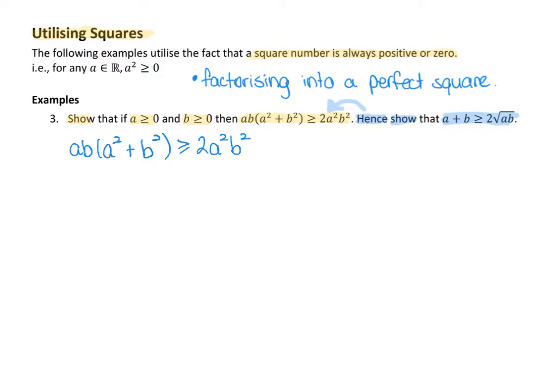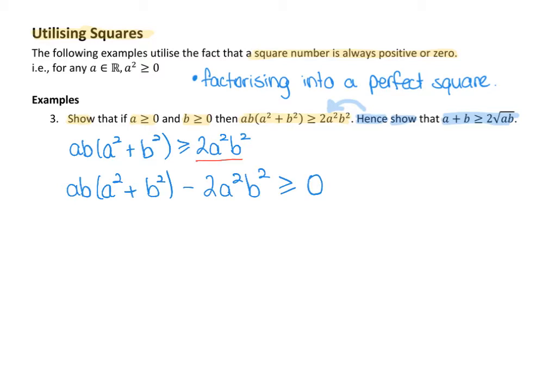I'm going to start by considering the difference between the left-hand side and the right-hand side. So we will take this value that's sitting on the right and move it to the left. And so we will have the difference between this term and this 2a squared b squared. And that will therefore be a positive value or equal to zero.